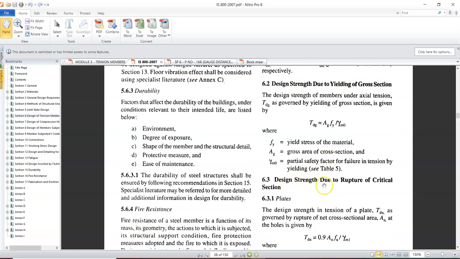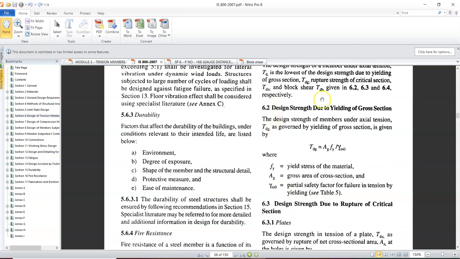Next is design strength due to rupture of critical section, and last is block shear. Now we'll check the first case, design strength due to yielding of gross section. That is the formula TDG is equal to AG into Fy by gamma m naught. I want everyone to write down this formula.